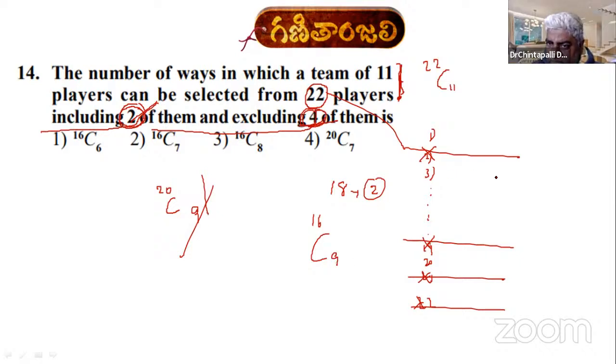Out of 22 persons, 4 should not be selected. So the selectors are given only 18 names, not 22 names. But in those 18 names, 2 persons should be selected.